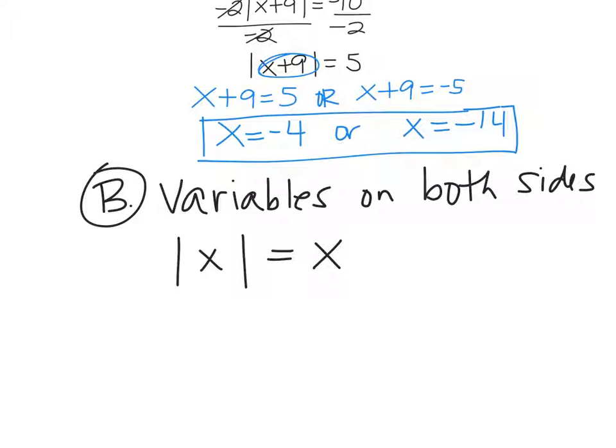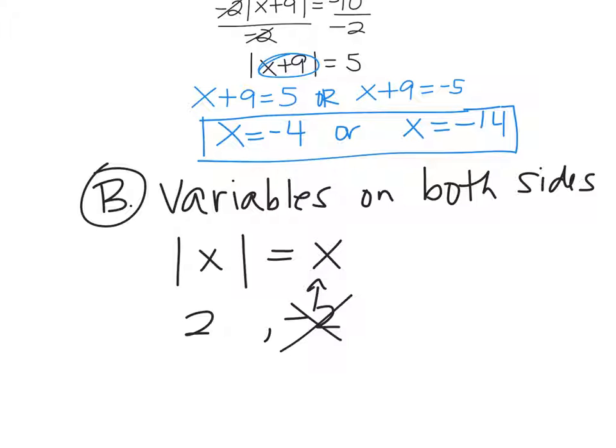What happens is you think there's going to be 2 answers, but a lot of times there's only one. So if I said, okay, let's try 2. 2 would be okay. If I got 2 as an answer, the absolute value of 2 is 2. But would negative 2 work? No. Because when you plug it into this side, you get the absolute value of negative 2 equals negative 2, and that one doesn't work.